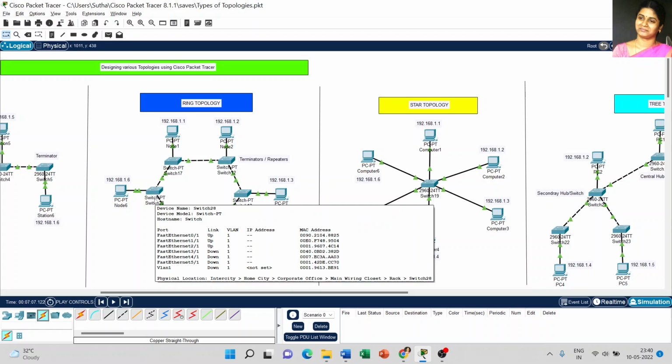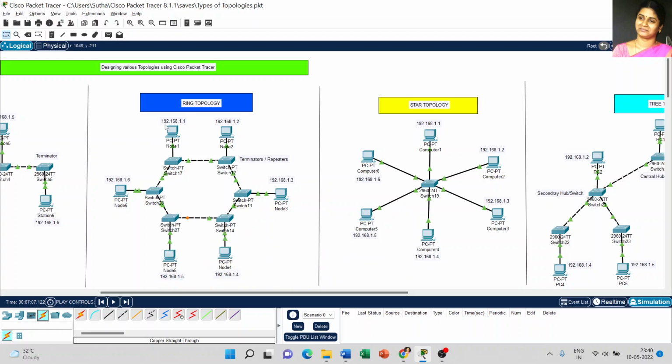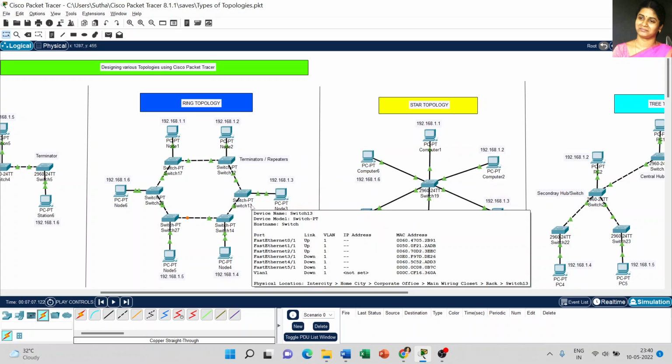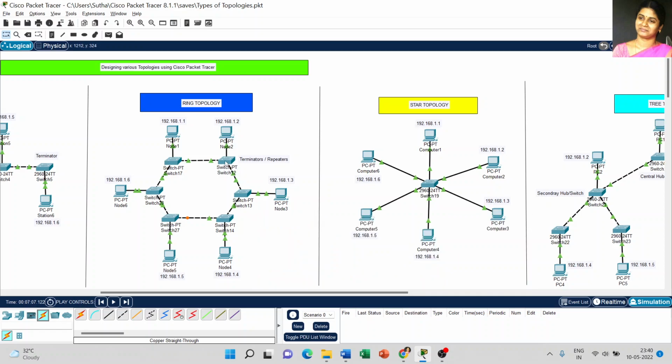For example, node 1 is connected with node 2 and node 6. Take any node, and it is connected with two neighboring nodes, forward and backward. And it's a ring topology.